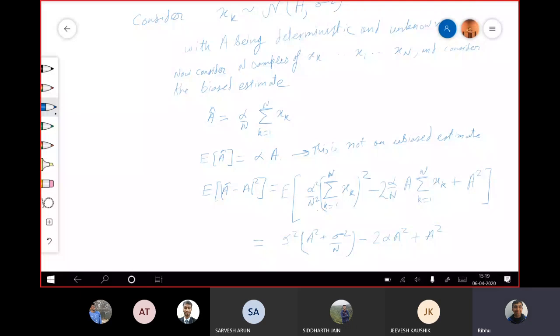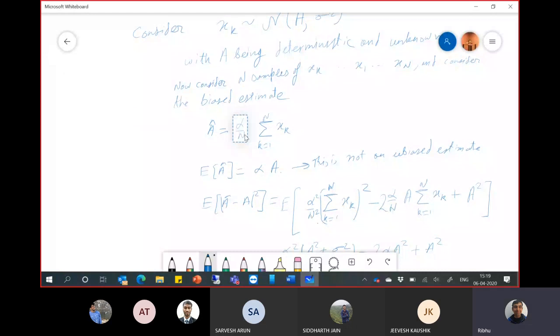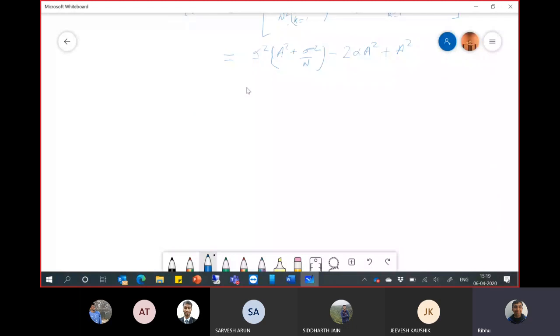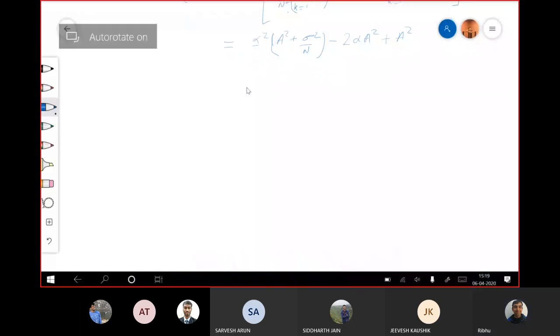Fine. So the variance of A hat equals alpha square sigma square by n plus (alpha A minus A) square.